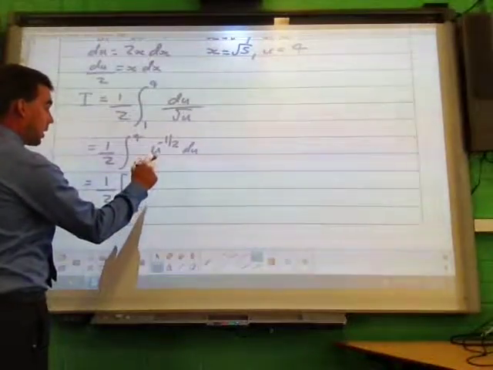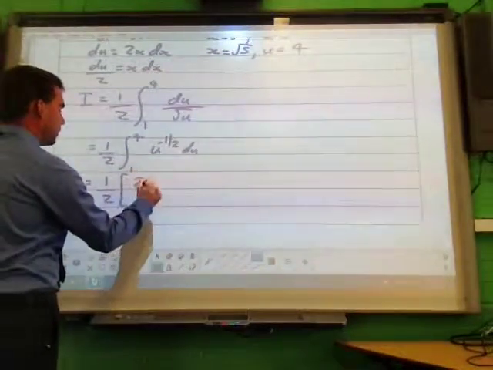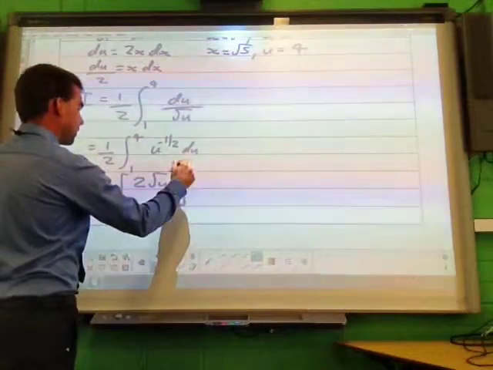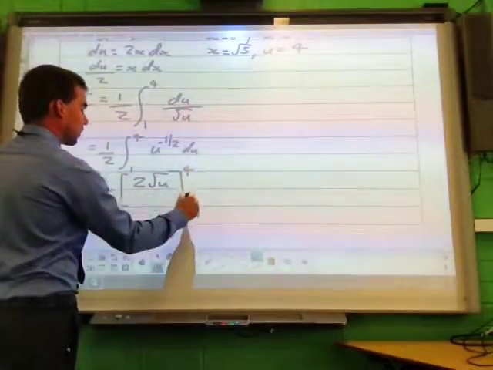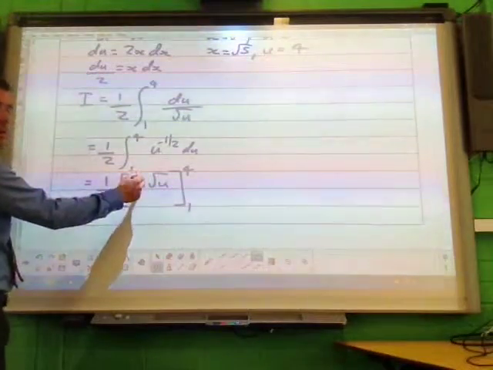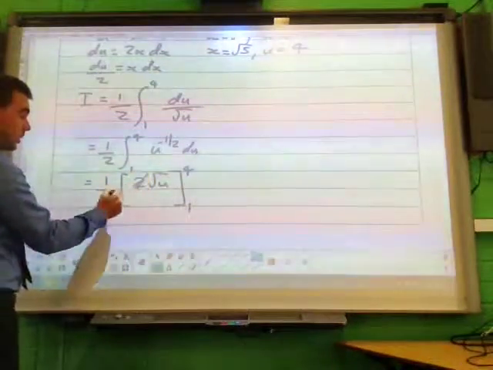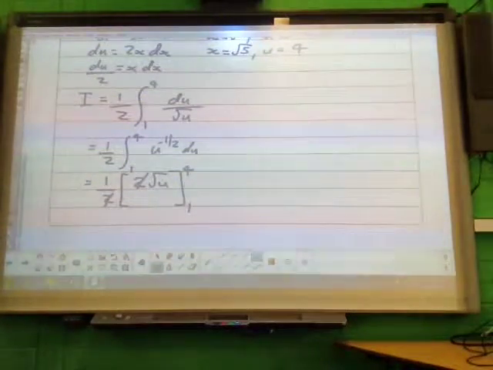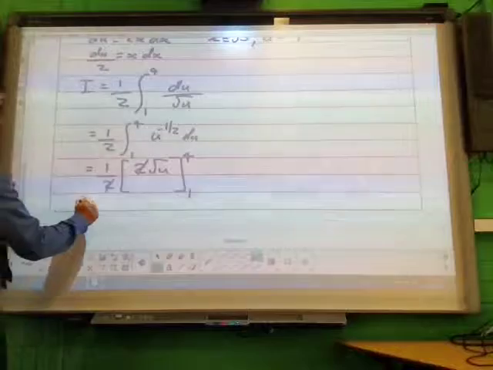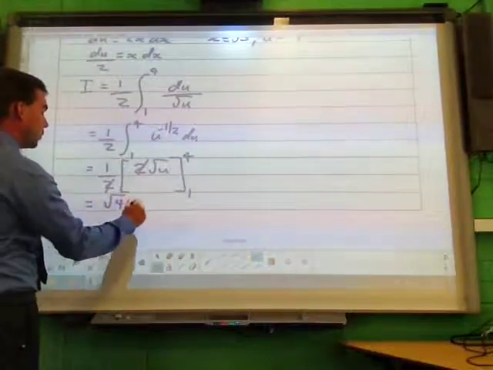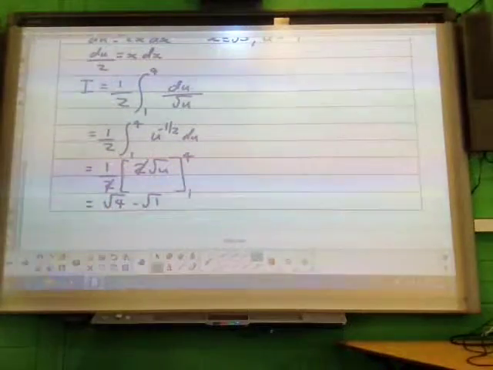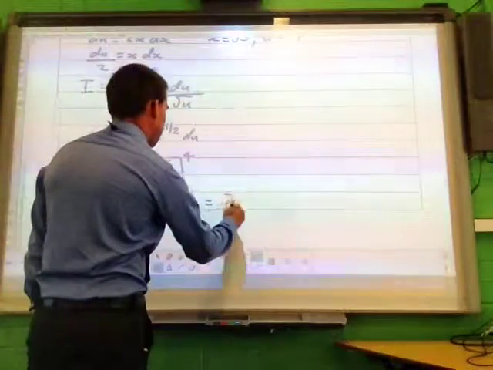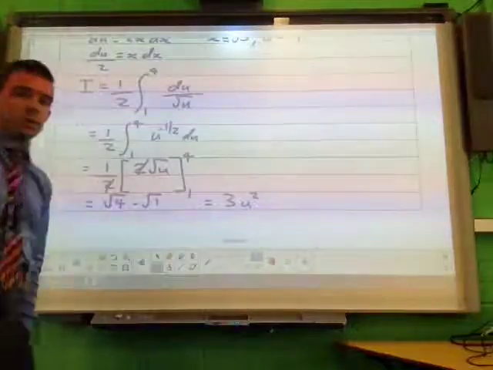So it'll be u to the half over a half, so it'll be 2 root u. This 2 is the common factor in both the expressions in here, so we're not going to factor those out, it's just going to cancel. So it's really just the square root of 4 take away the square root of 1. Units squared.